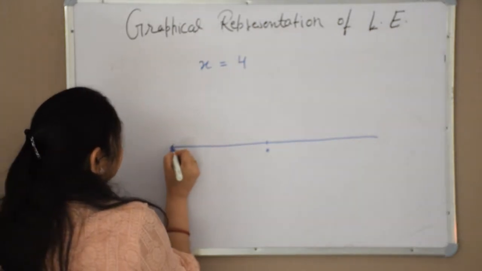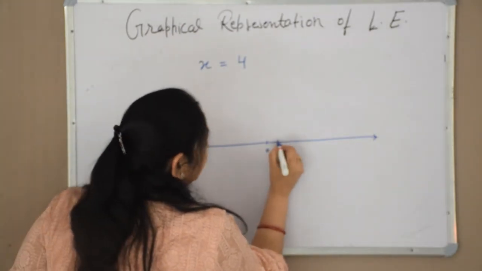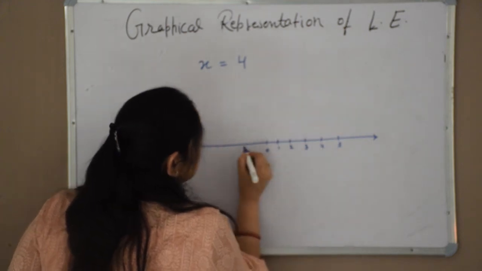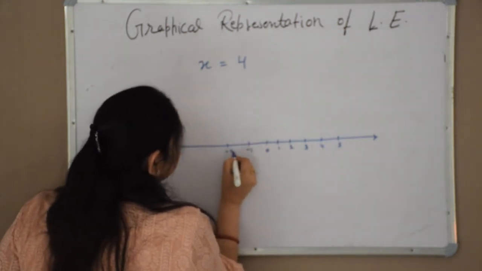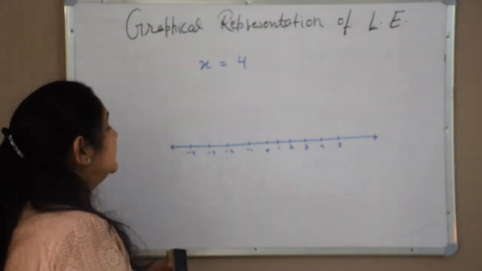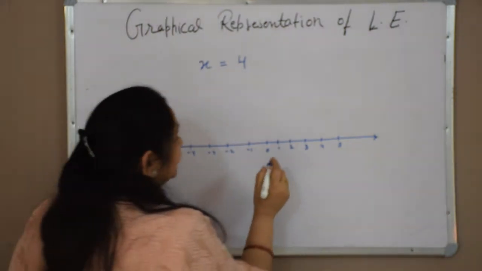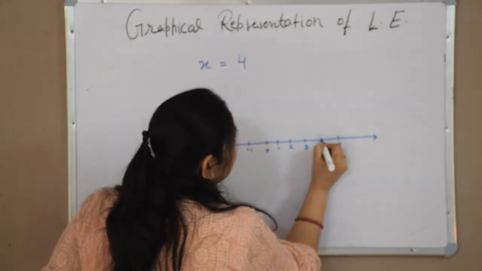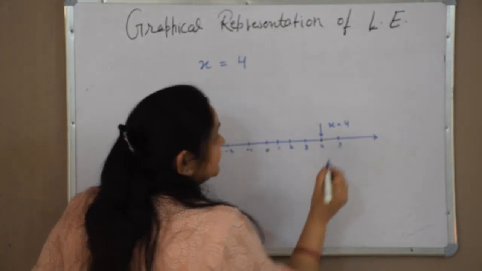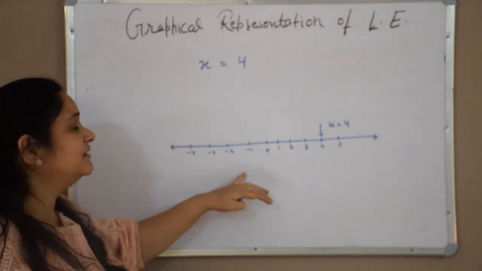We will take O, that is 0, and here positive points at the same distance, and here negatives. Right hand side positive, left hand side negative, and we have to plot x is equal to 4. So from here we will mark 4, and by showing an arrow we can say x is equal to 4. So this is the representation in the form of a single variable.